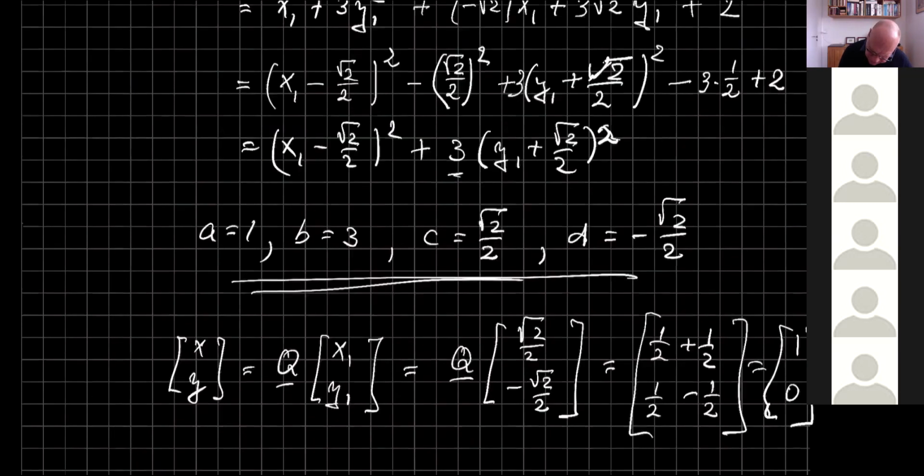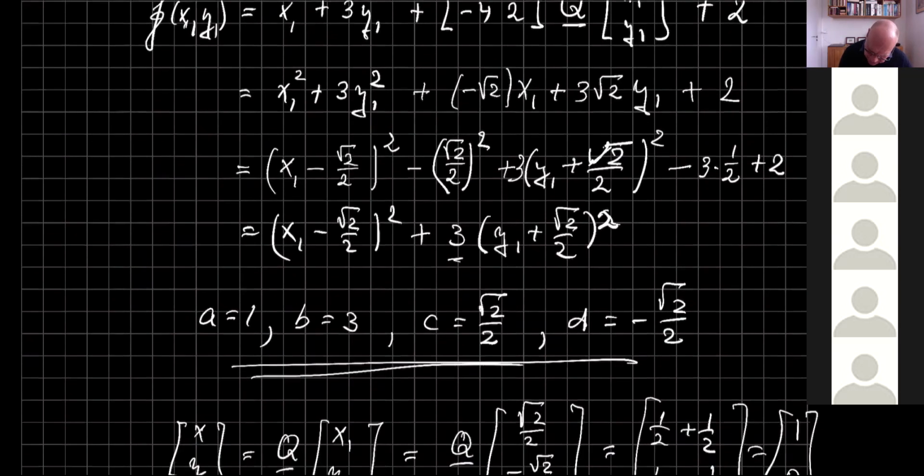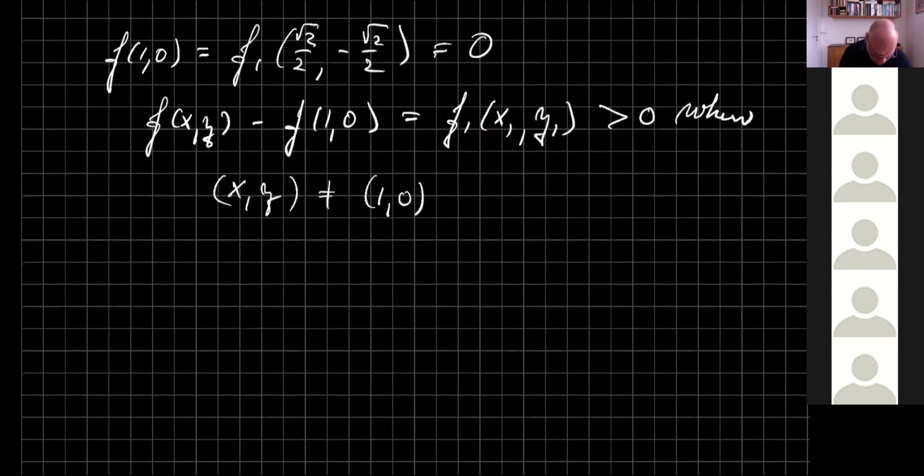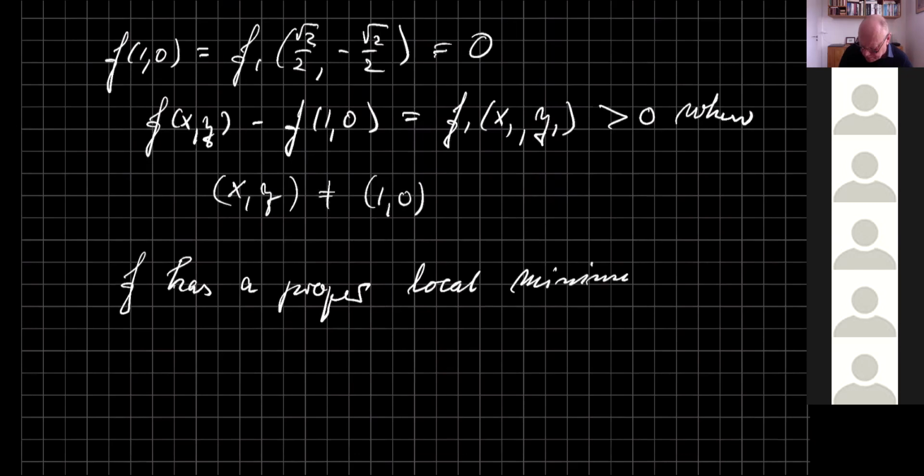And you can look at it here. You see, you have two quadratic terms here, and they are different from 0 unless both these terms are equal to 0. So this means that f has a proper local minimum in 1, 0. This was problem 2.